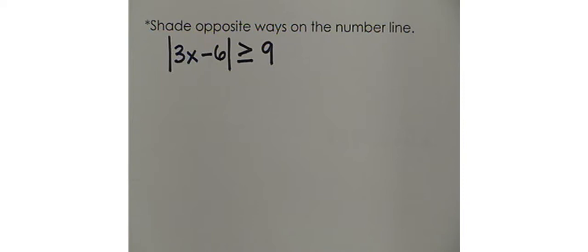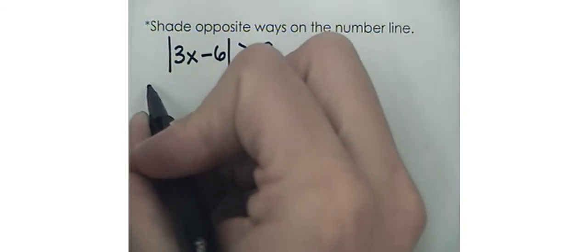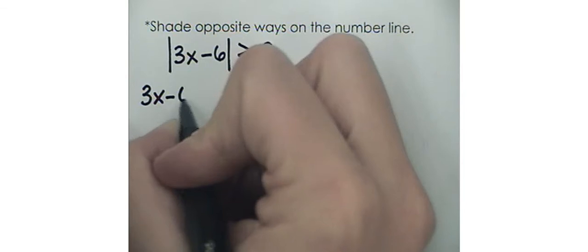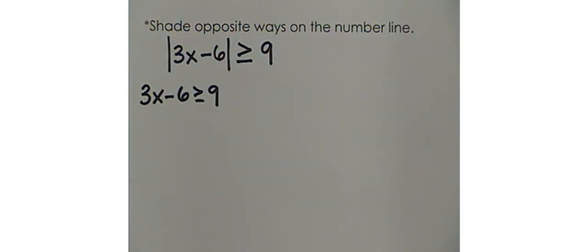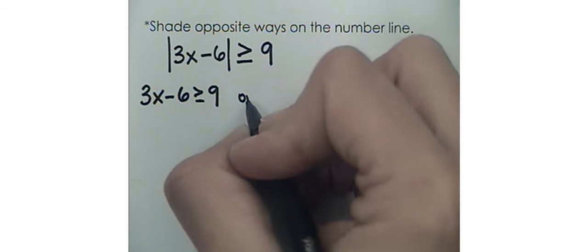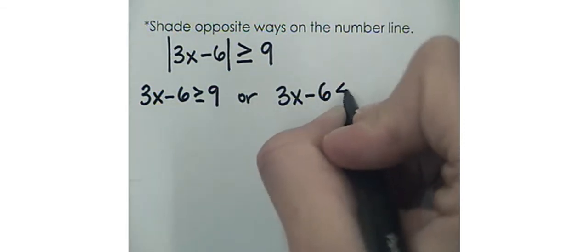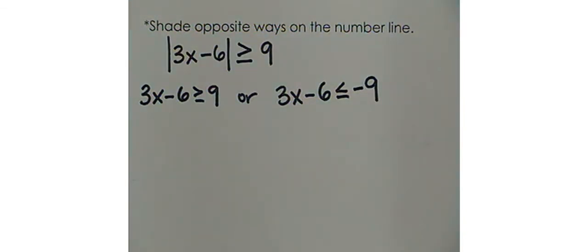Disjunction is greater than, we shade out. So step 1, drop your absolute value bars. That's my first question. Or drop your absolute value bars, flip your inequality sign because I'm making this a negative 9 this time.